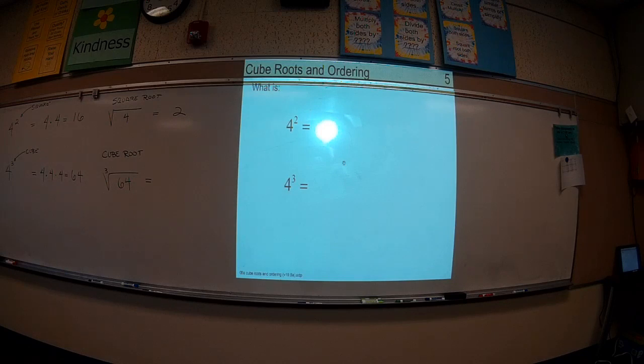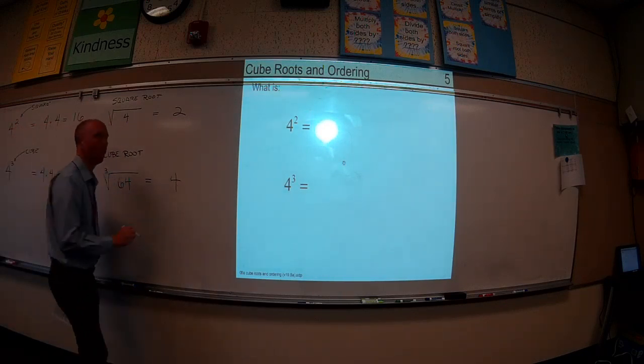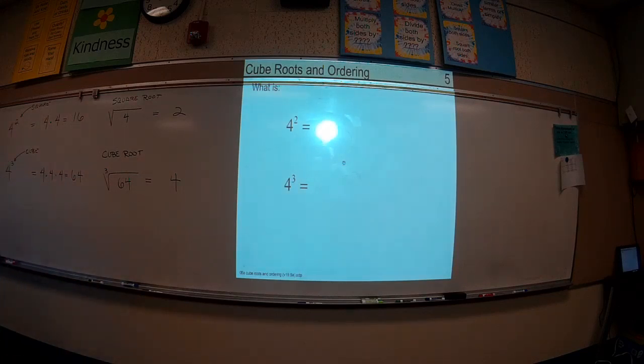Is it 4? It is 4. Why do you think the cube root of 64 is 4? Because it's cubed, so it's 4 times 4 times 4. Maddie, why do you think the cube root of 64 is 4? Because 4 times 4 times 4 is 64. That's exactly it. Because 4 times 4 times 4 is 64, the cube root of 64 is 4.